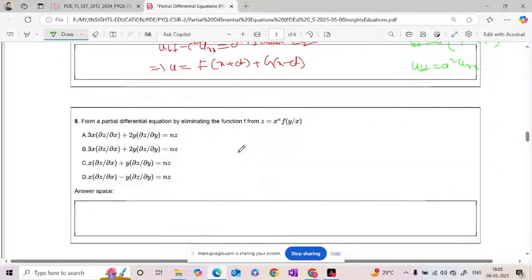Next one, form the partial differential equation by eliminating the function z is equal to x power n into f of y by x.